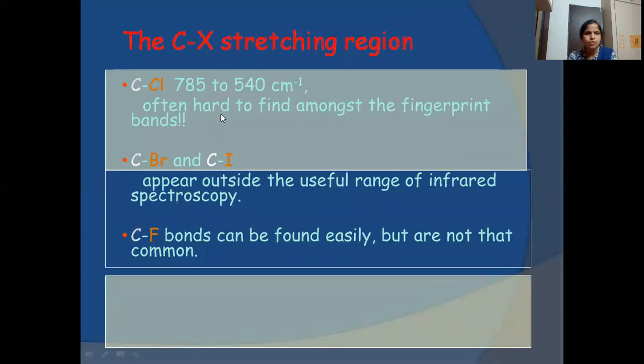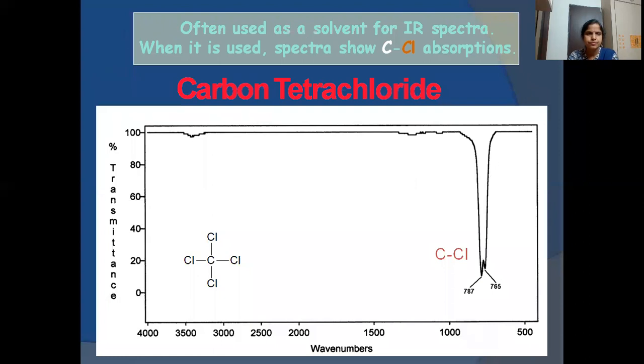CCl is often hard to find amongst the fingerprint bands, whereas CBr and CI appear outside the useful range of IR. CF bands can be found easily but are not that common. So we'll take an example of carbon tetrachloride, CCl4.